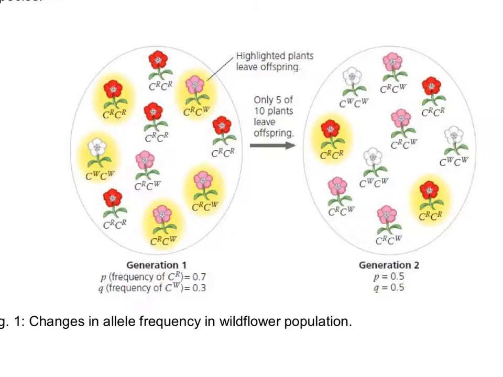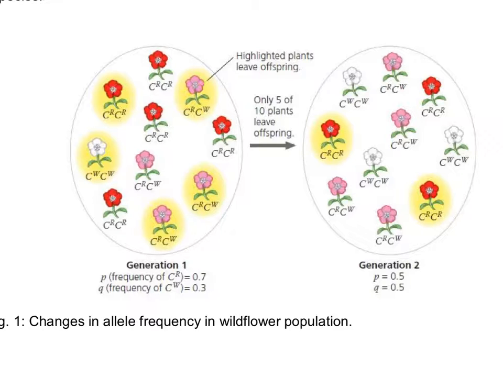So what are allele frequencies? Allele frequency is just the proportion of the alleles in the entire gene pool. Whenever we refer to allele frequencies, this is what we are referring to.